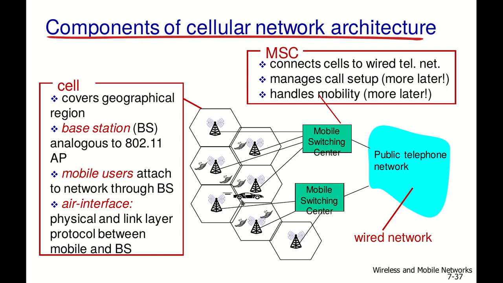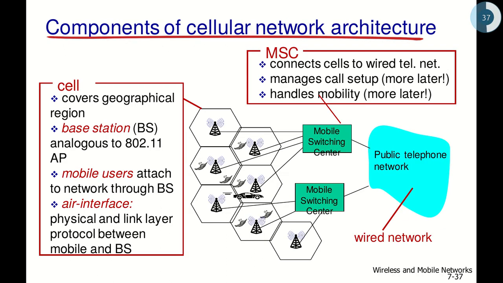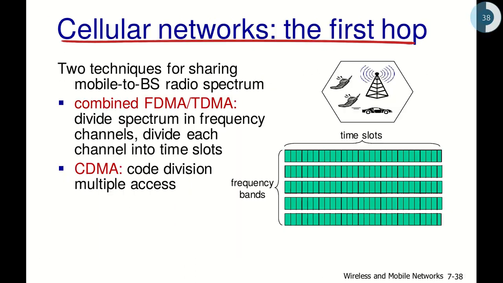So basically FDMA is to avoid interference between neighboring cells, but in principle the users within the same cell will use the same frequency band, right? So to differentiate the users in the same cell, they will be allocated different time slots, in this case using TDMA, or time division multiple access.